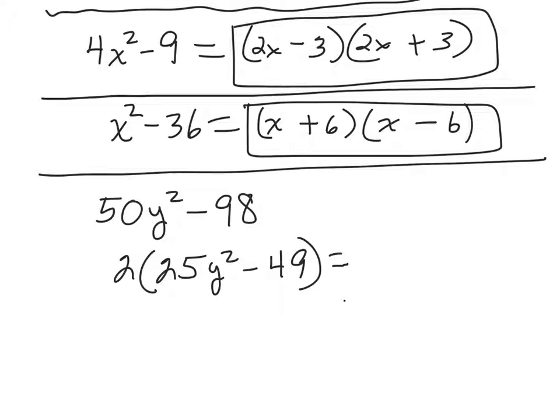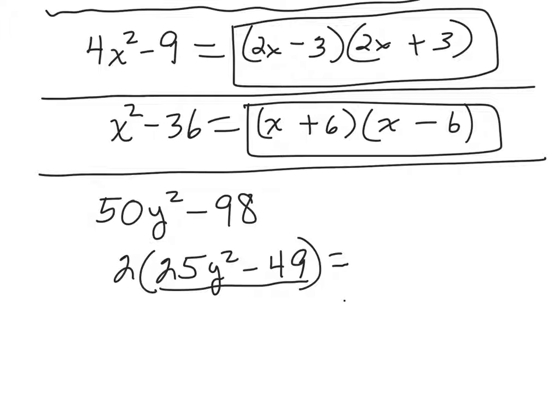Now let's look inside what's left over, the 25y squared minus 49, and see if we can factor that. It has 2 terms, so I'm going to check to see if it's the difference of squares. 5 times 5 gives me 25, y times y gives me y squared, 7 times 7 gives me 49. So it is the difference of 2 squares.